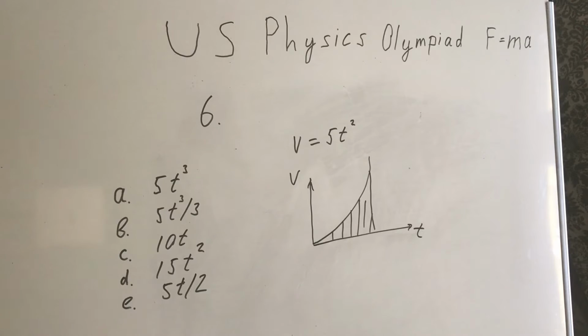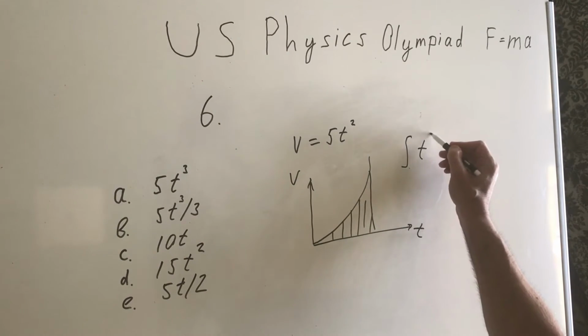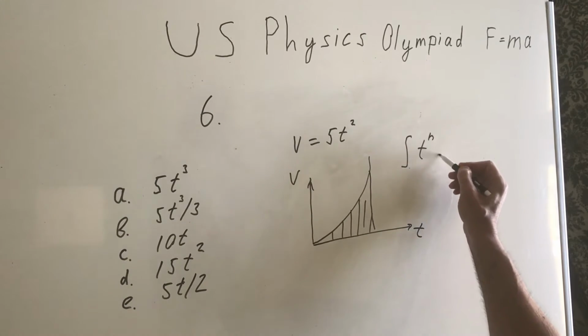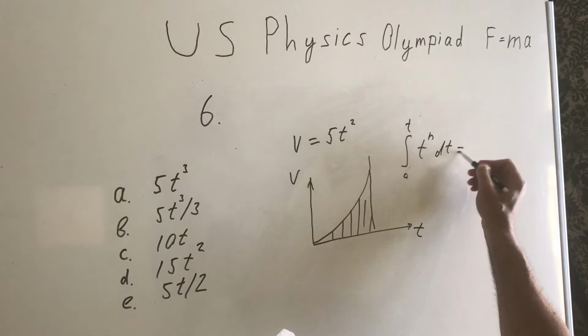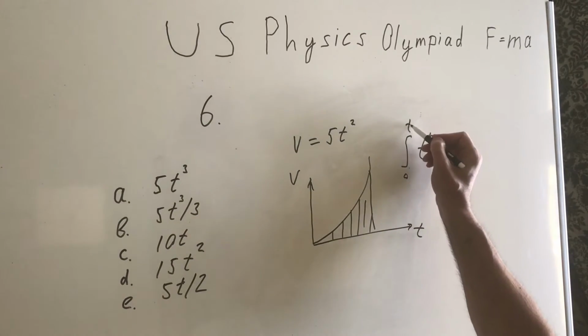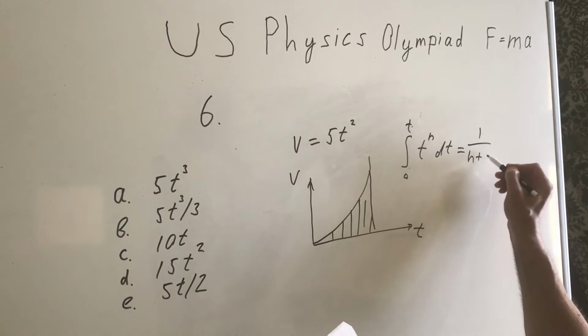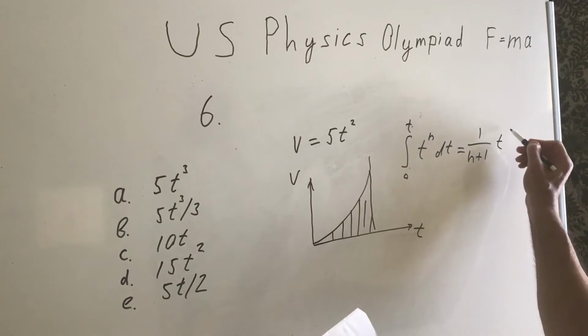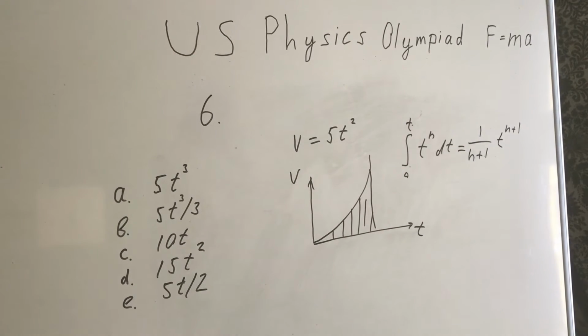I can remind you, it goes like this: the integral of t to the power n dt from 0 to t is equal to 1 over n plus 1 times t to the power n plus 1. So this is how to find the integral of a polynomial function.